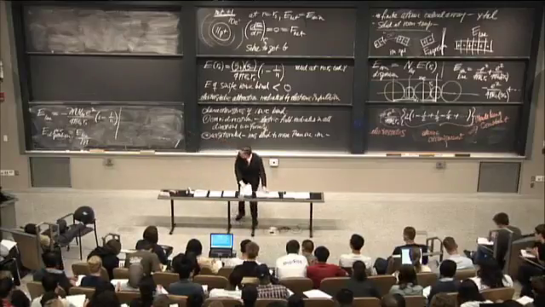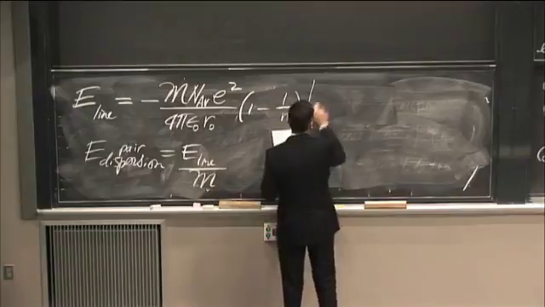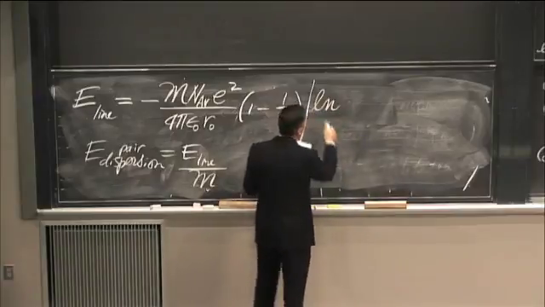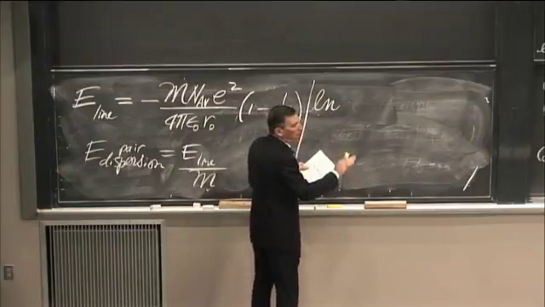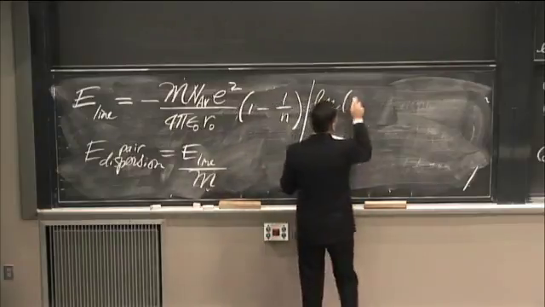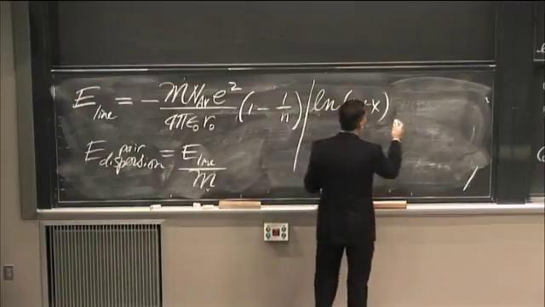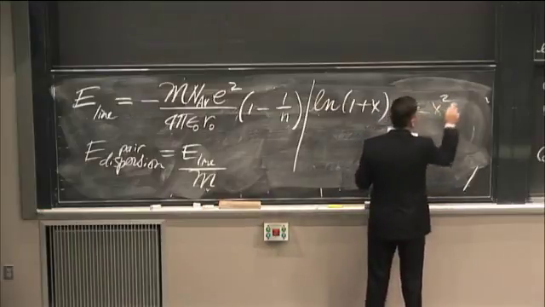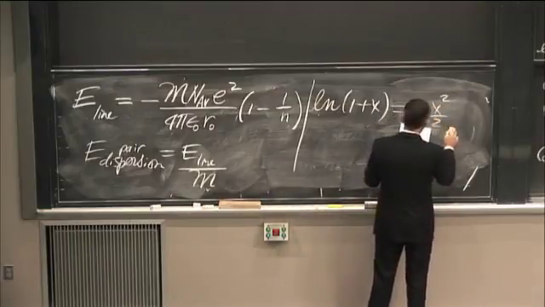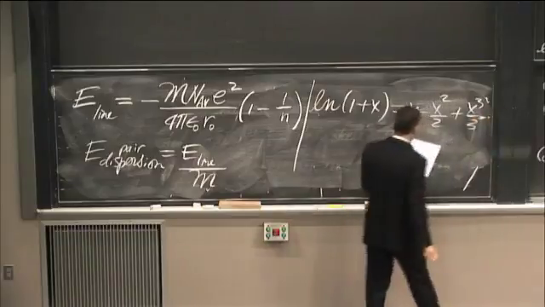And you can go to your algebra books, and you've got this series, natural log. And engineers write natural log ln. I know the mathematicians write log. Engineers, that's 1 plus x, okay? Natural log 1 plus x. You can expand this as x minus x squared over 2 plus x cubed over 3, and so on. Look that one up.